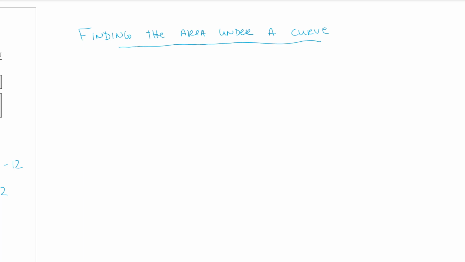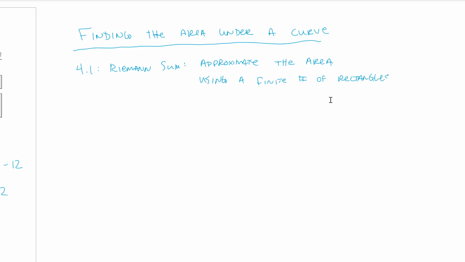And what we did in section 4.1, which was the Riemann sum section, is that we figured out how to approximate the area using a finite number of rectangles. But what we want to do is we want to calculate the exact area underneath the curve.